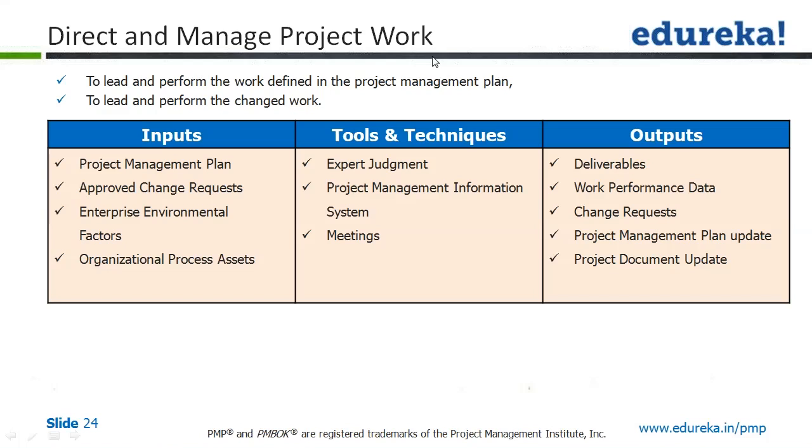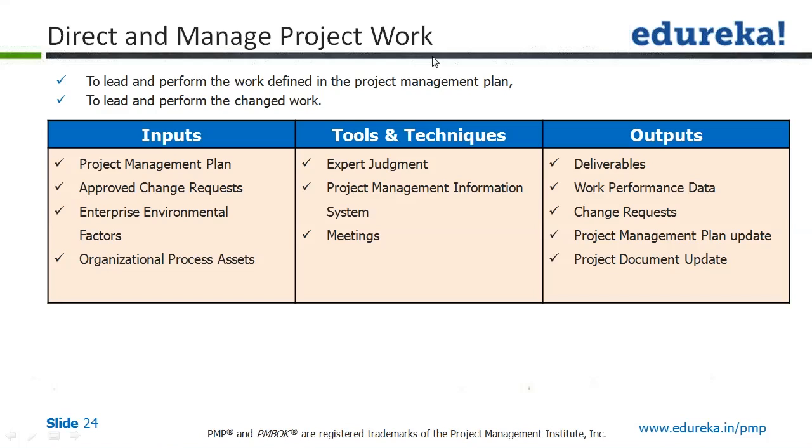And these outputs have to be considered from two perspectives. The first is which process group you are in. The second is which knowledge area you are in. So the output of the previous process was the project management plan, which is now serving as an input to direct and manage project work.